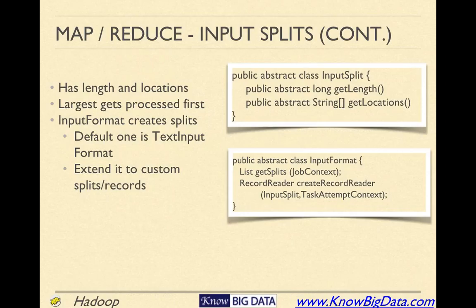For example, loading XML files, JSON files, zip files, MP3 files, converting a geospatial file into records, or converting a bunch of files into a zip and loading it such that each record is a file. All of this is available by default with Hadoop. If you are not sure that it's available, do a Google search. Most likely you will get an input format to solve your problem.